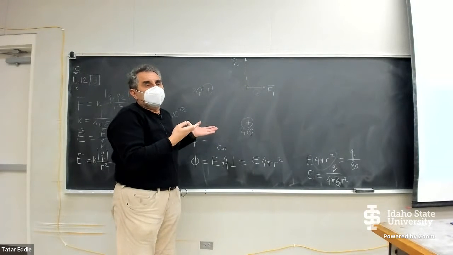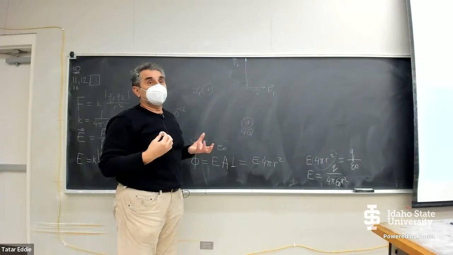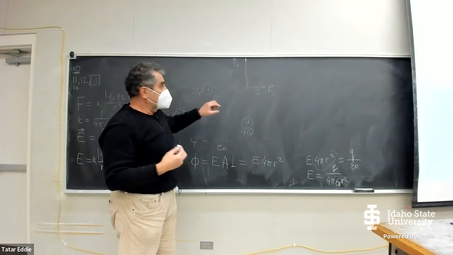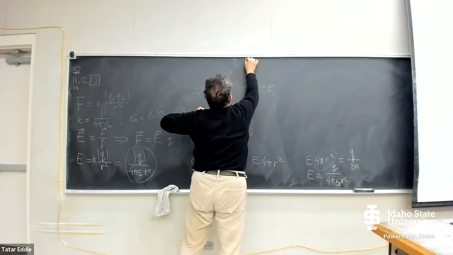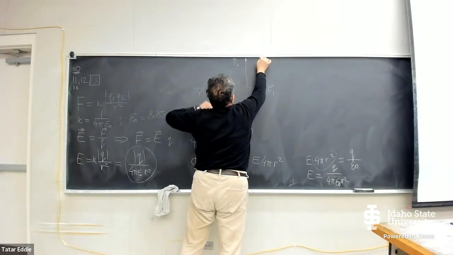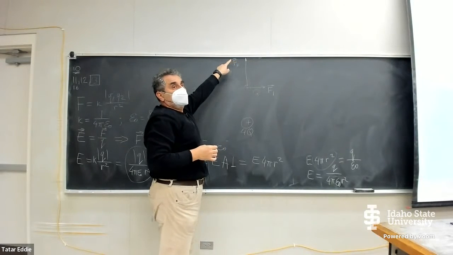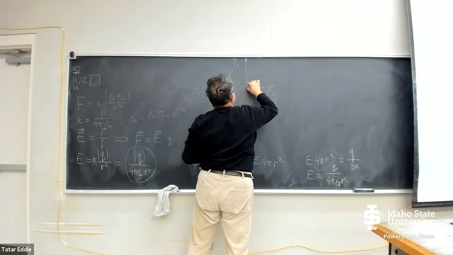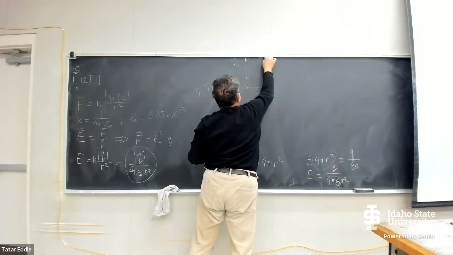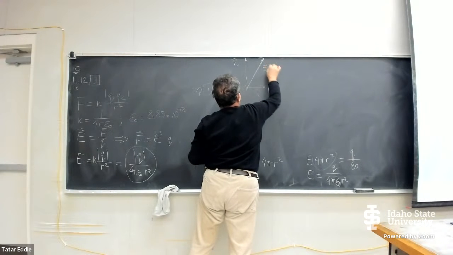The best way to add them is to use the geometrical rule for addition of vectors. Meaning you take one of the vectors and you draw a representative of that vector starting from the head of the other one. The sum of the two vectors is going to be a vector that connects the tail of the first with the head of the second. So this is the net force, F net.